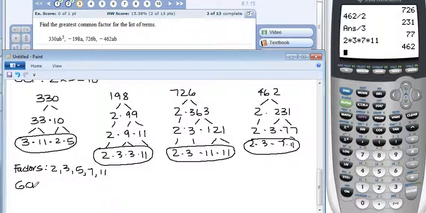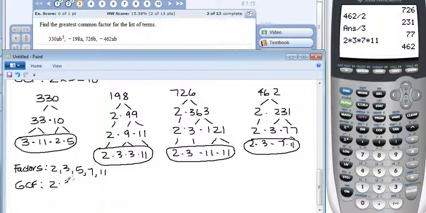So my GCF, does each one have a 2 in it? Yep, I've got one of those. Now if each one had 2 2s in it, then I'd have to write down 2 of them down here. All right? So if each one had more than 1, you take the lowest one. All right, what about 3s? We got 3, we got 3, we got 3, we got 3.